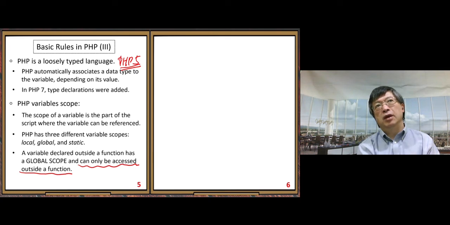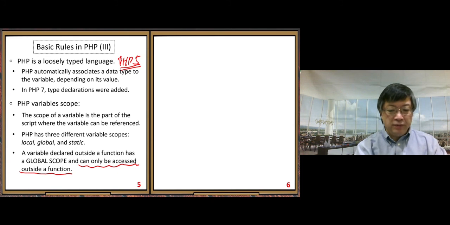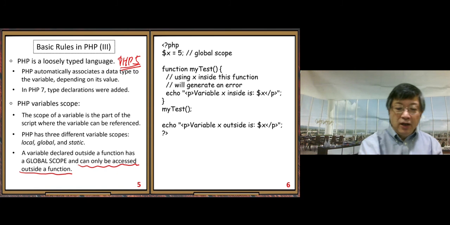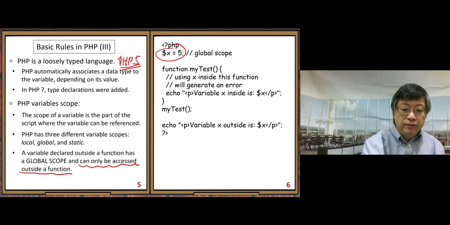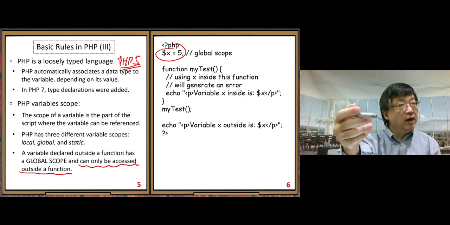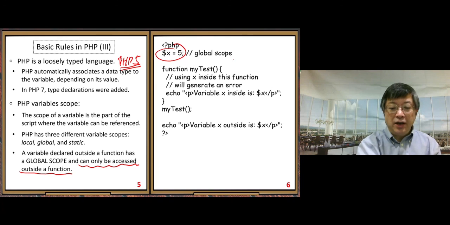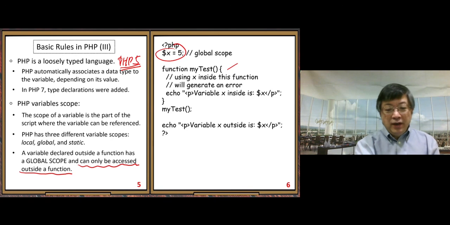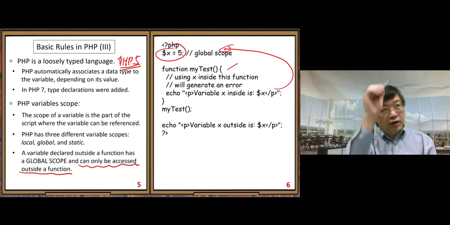All right, so let's look at a simple example. In this example, this is a global variable, $x equals 5. The reason is it is declared outside any function. Now, in this function, if you want to access this global variable directly, you get an error.